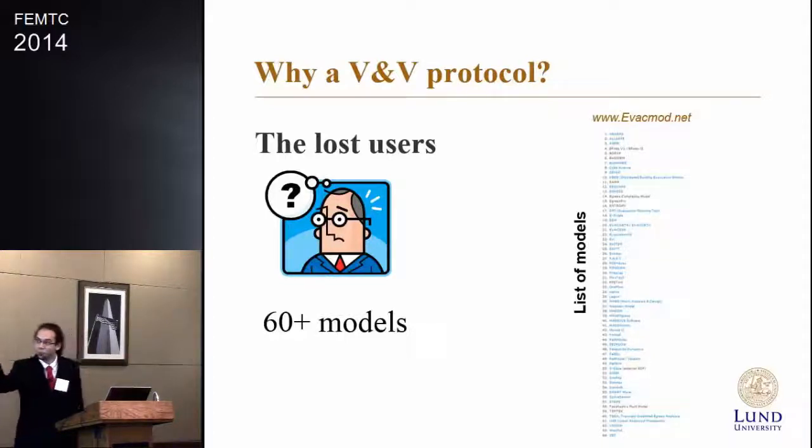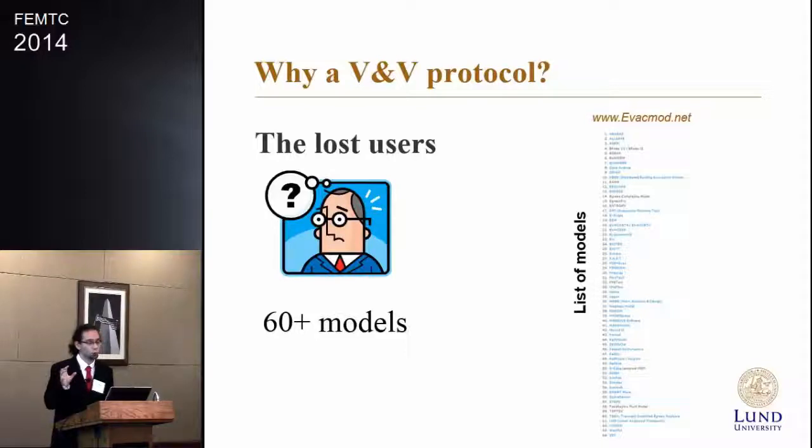So imagine the poor user, who has 60 plus models on the market, and all these models are validated in a different way. They have different documentation. There is not a common way to present the results of the VMV performed. So the core problem is that the user really doesn't know what to do.